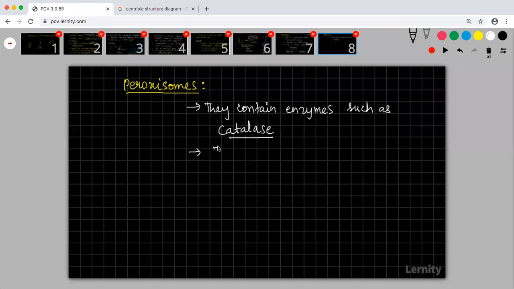They are involved in peroxide biosynthesis, a biological method in which they produce peroxide.